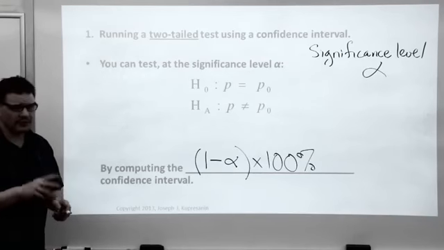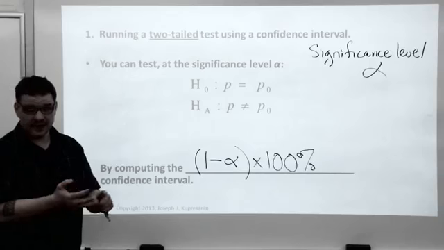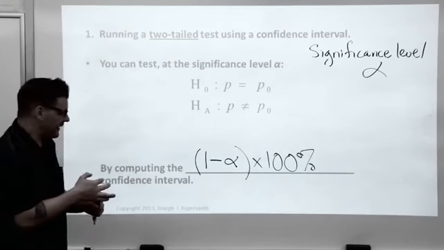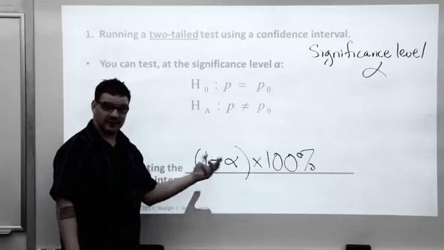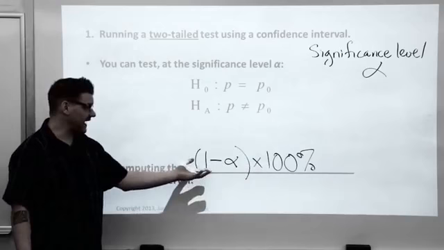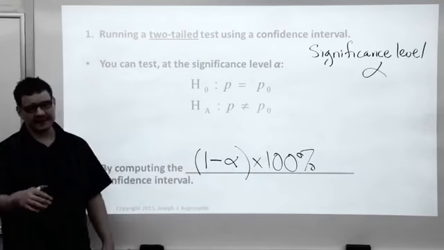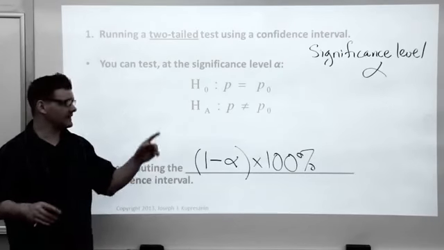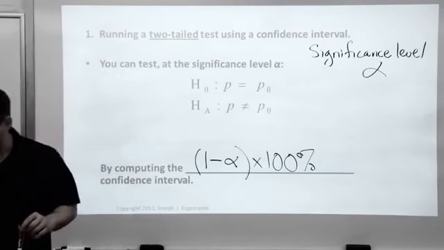And so what are the 2 common alphas? Alpha 0.05, alpha 0.01. And think about this. If I take 1 minus 0.05, I'll be left with 0.95. And times 100%, so a 95% confidence interval for a two-tailed test is basically equivalent to running the test at alpha 0.05. And it comes up in the little bullet points there.